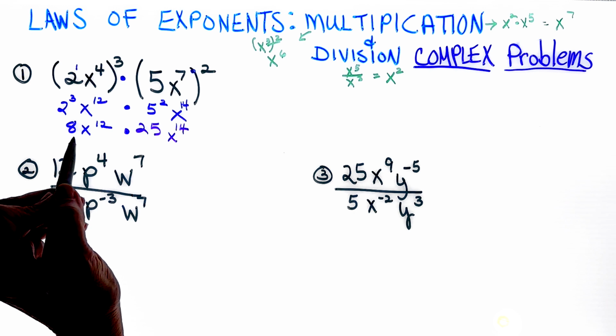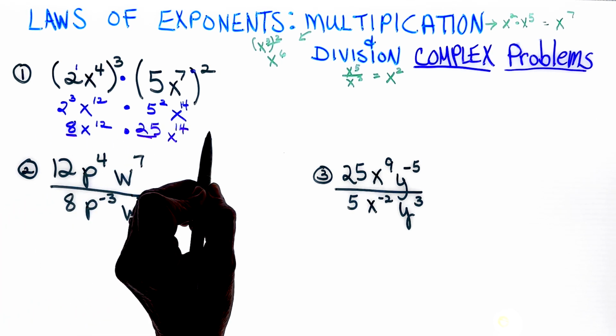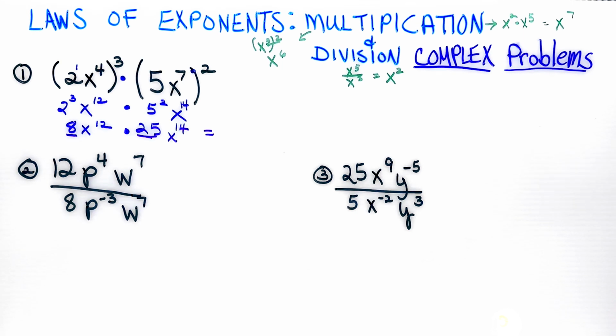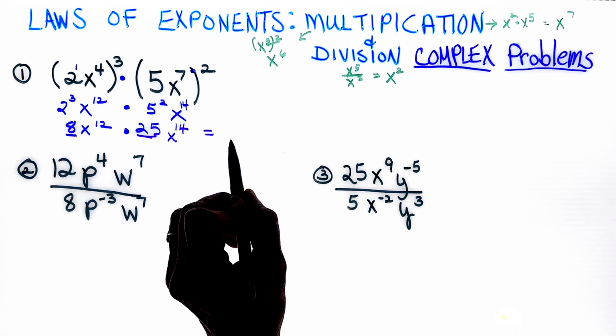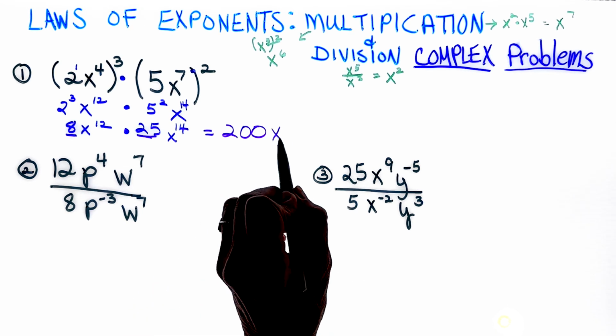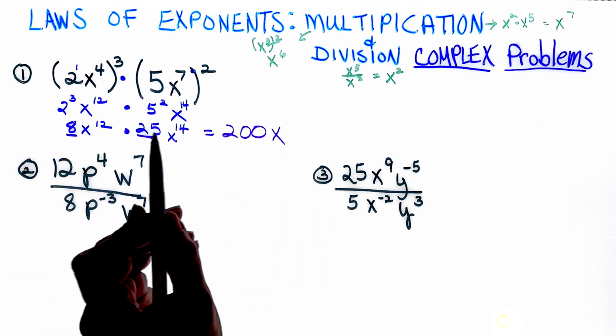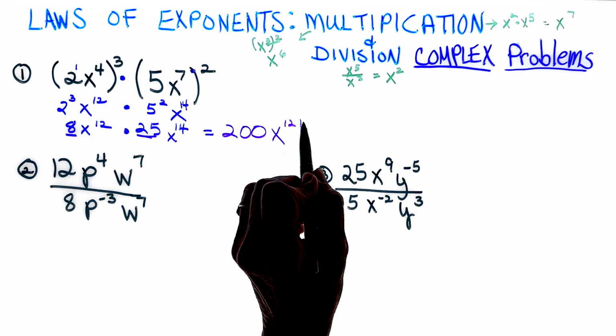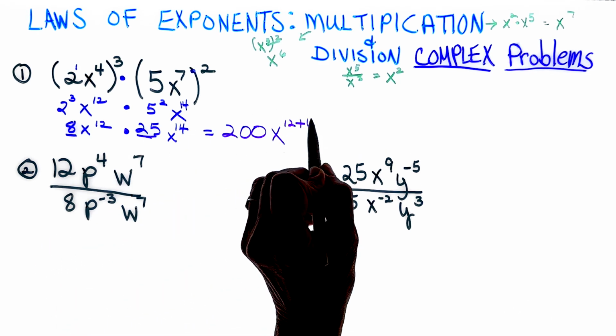Well, remember, when we are multiplying the coefficients, we actually do multiply. So 8 times 25 is 200, but with the variable, we add our 12 plus our 14.